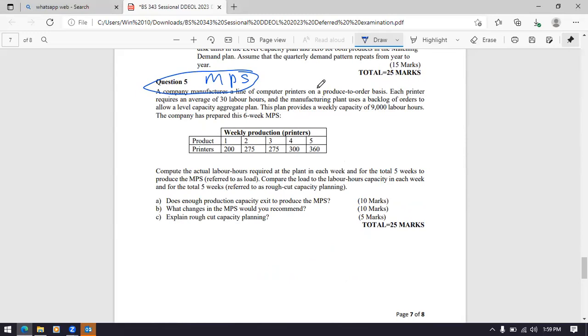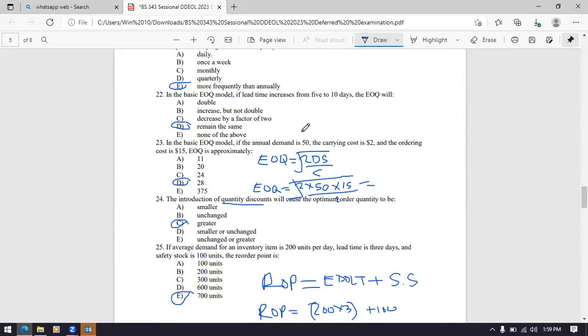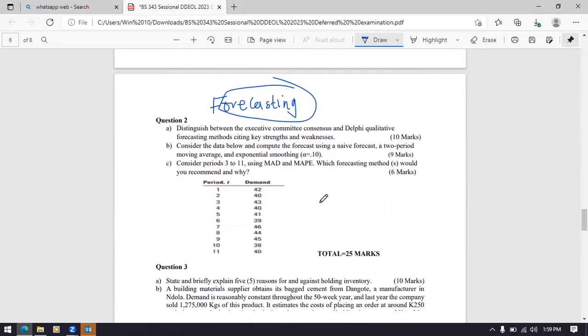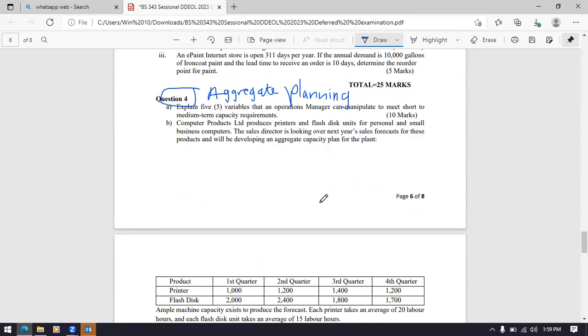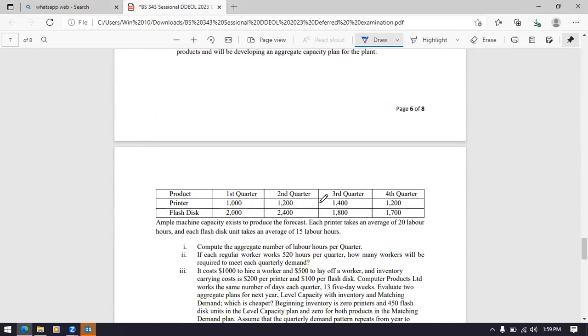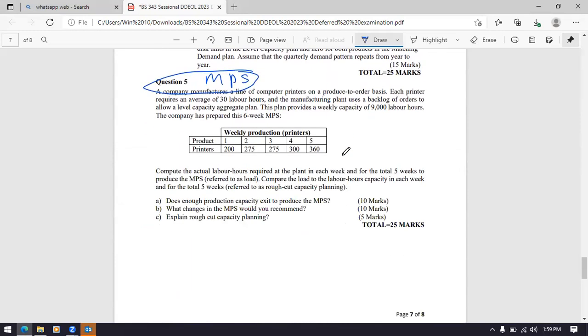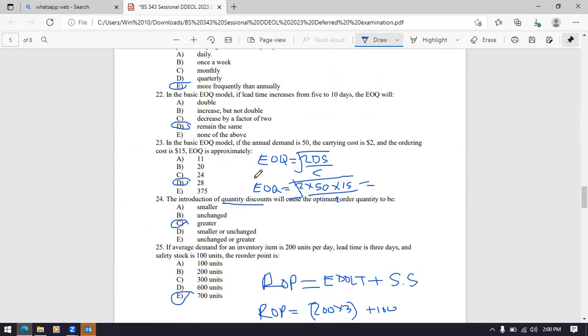So for this first part on inventory, it is done like this. So we'll go for another topic from this exam paper that we are looking at. But in the meantime, for the multiple choice, we can end for now. Then we'll go to the other topic, which is called master production schedule.